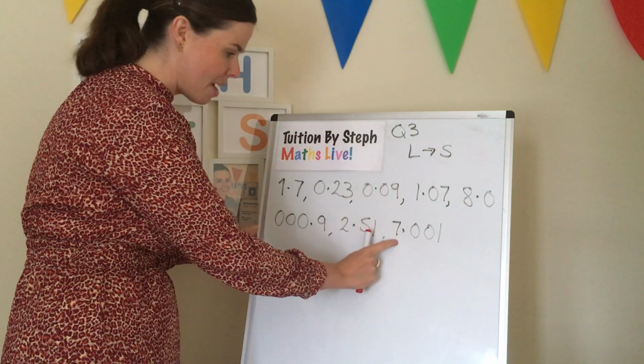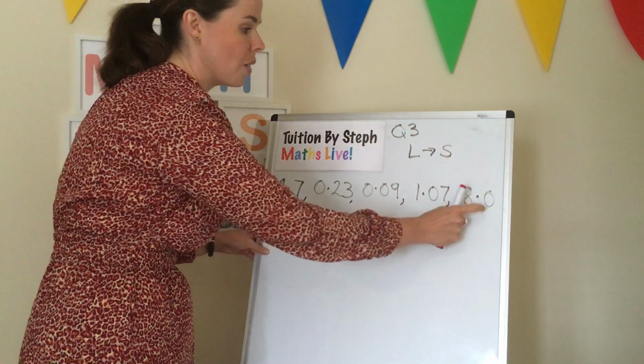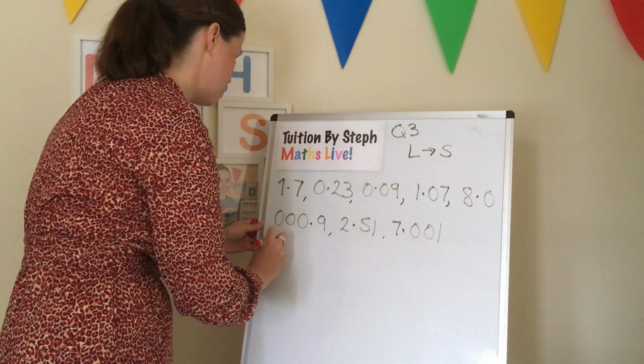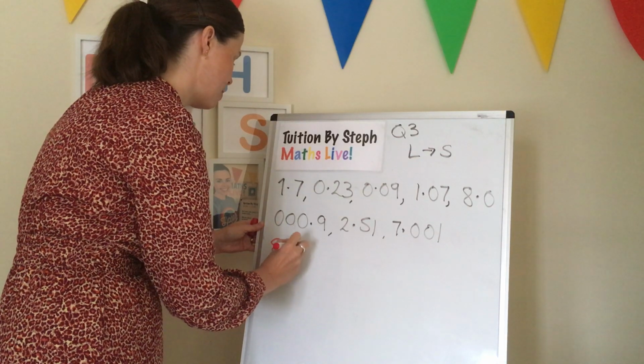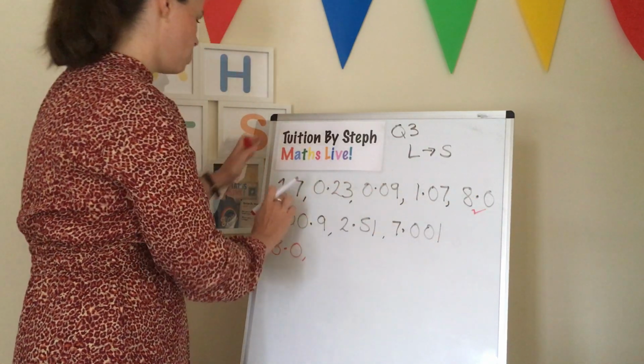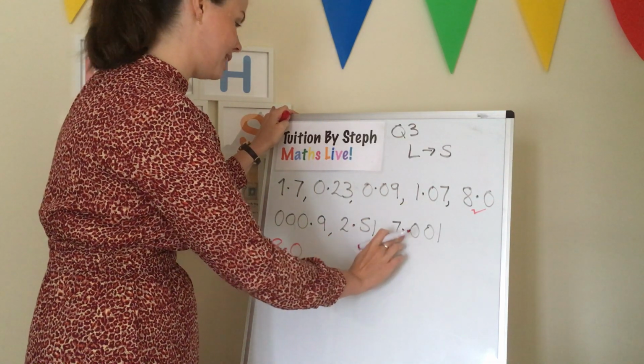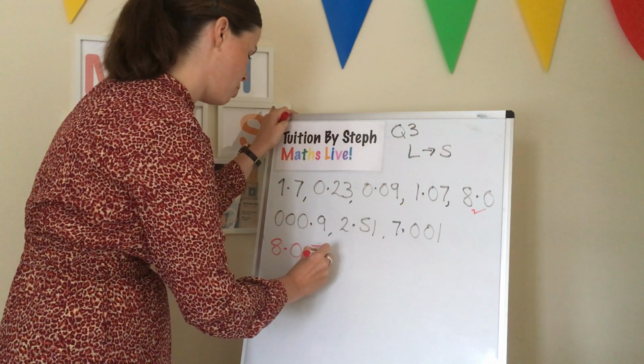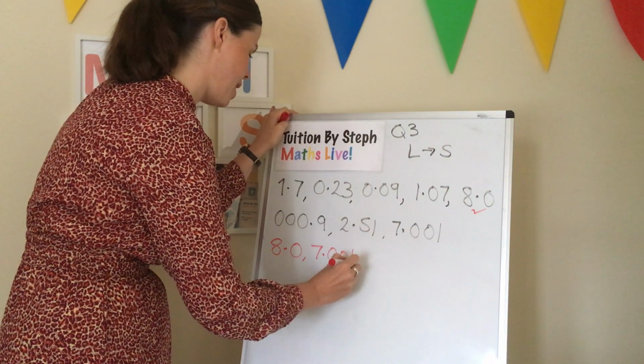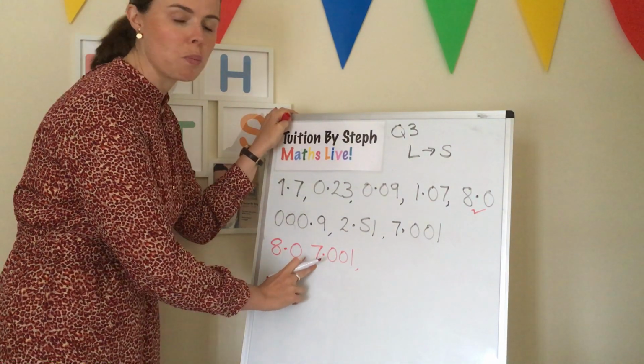2.51 and 7.001. So 8.0 is the biggest number. 8.0 is the same as 8. So 7.001 is our next because it's got 7 ones.